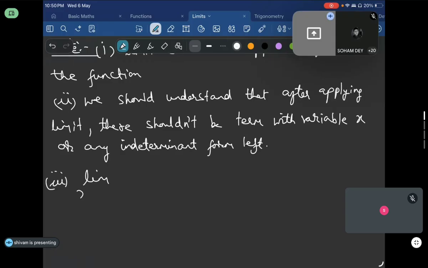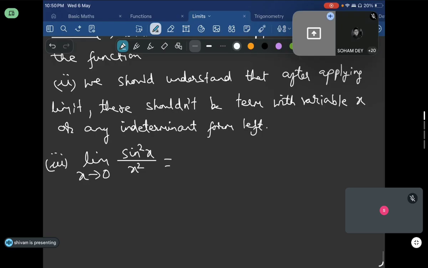See, limit x tends to 0 when you are writing sine square x by x square. See, we can also write it like this. Limit x tends to 0 sine x into sine x by x square. Right, everyone? We can also write it as limit x tends to 0 sine x by x into sine x by x. But over here, what is the problem? When you substitute x equal to 0, you might write it like this: 0 into sine x by x, which is equal to 0.